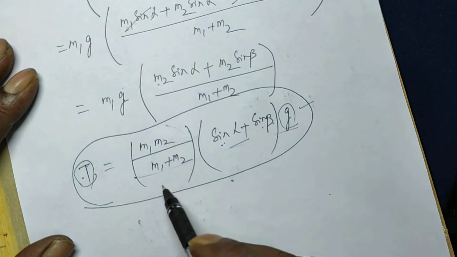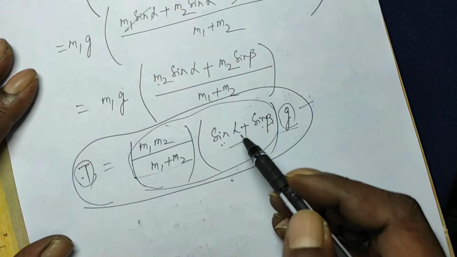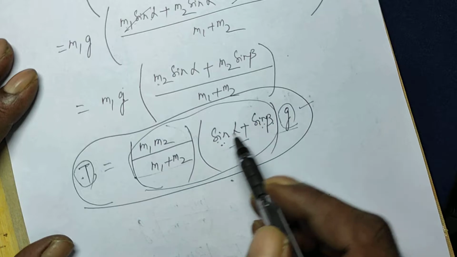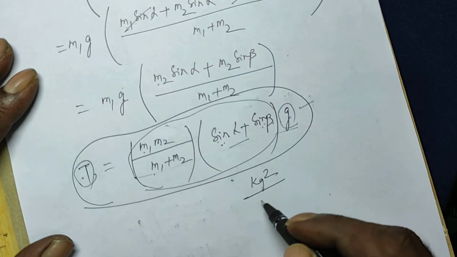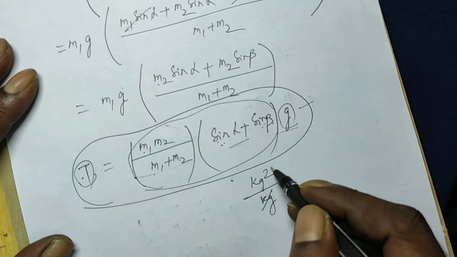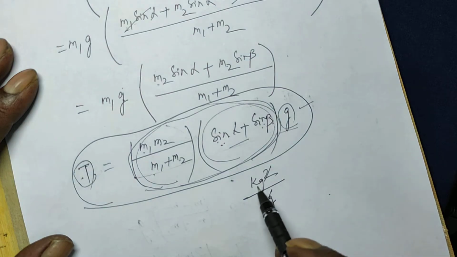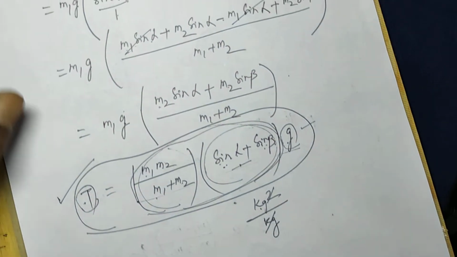This is your acceleration, so this part must be mass, because sine of an angle is a number, number plus number is a number. Kilogram into kilogram is kg square, kilogram plus kilogram is kilogram, so it cancels. So this part is a number times mass, which is mass, and mass into g is a force, so tension is a force.